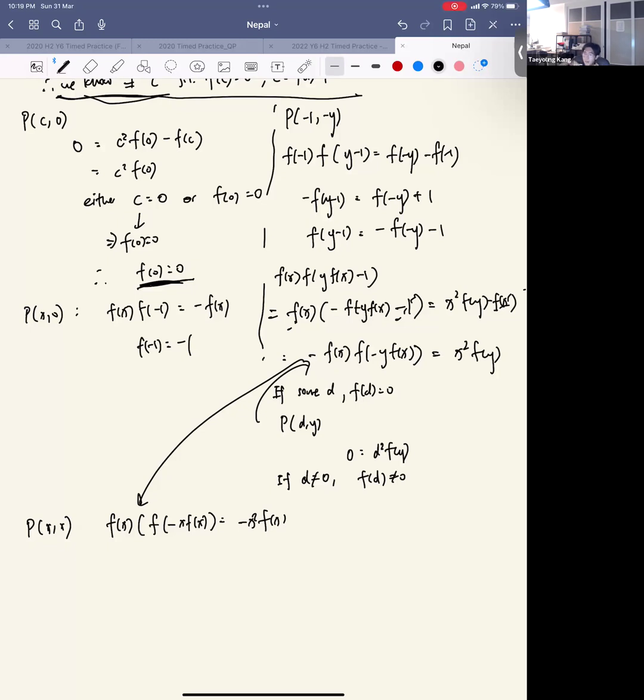So now you can divide by f(x) since f(x) is not 0 for all x. And we get that f(-x) f(x) is equal to -x squared.